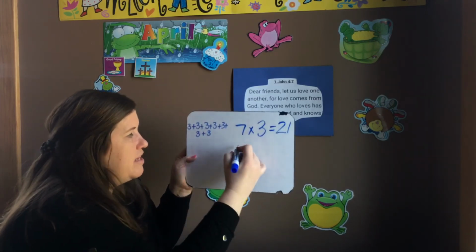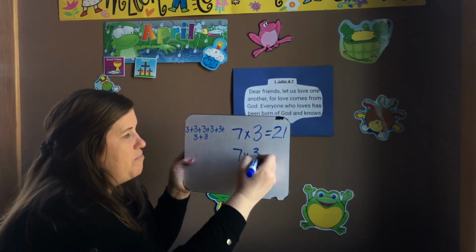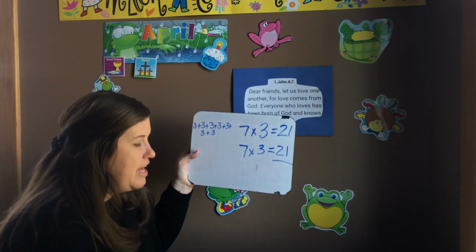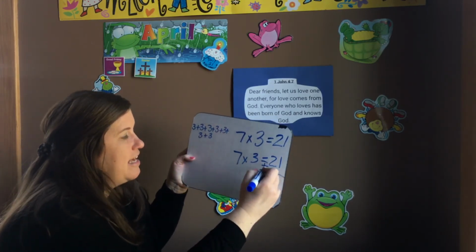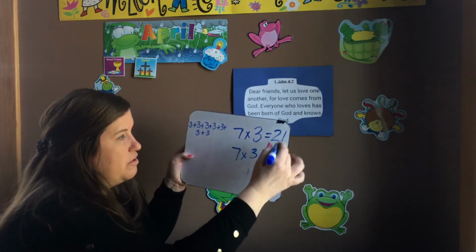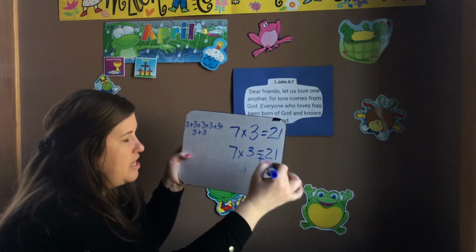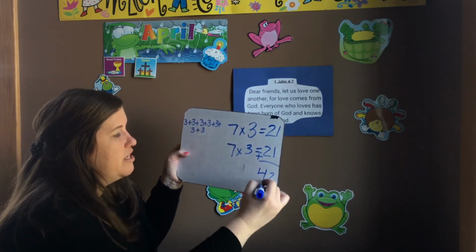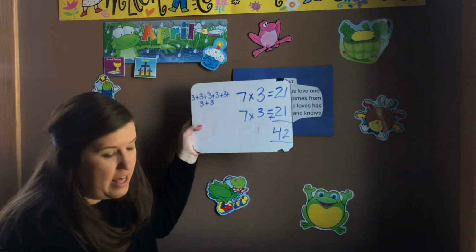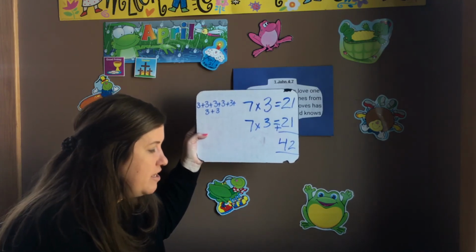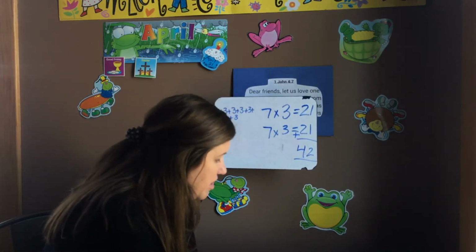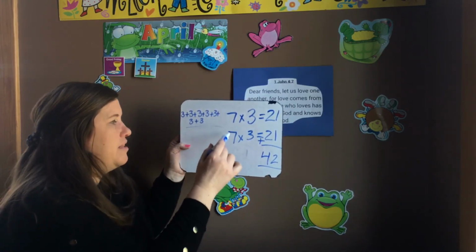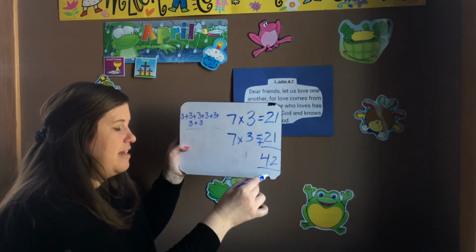You only have to write the addition sentence 1 time, but both boys got 3 stickers for 7 days. And then they want you to add that together. 21 plus 21 is 42. So 42 altogether. That's what you should have down for number 3 and 4. Just write the addition once, but the multiplication twice, and add together.